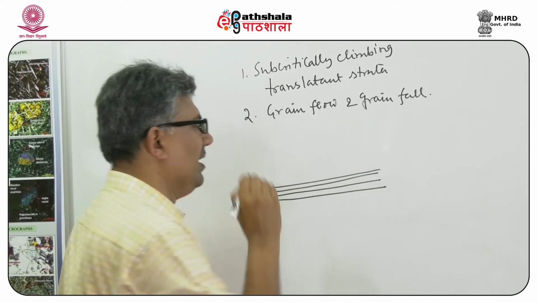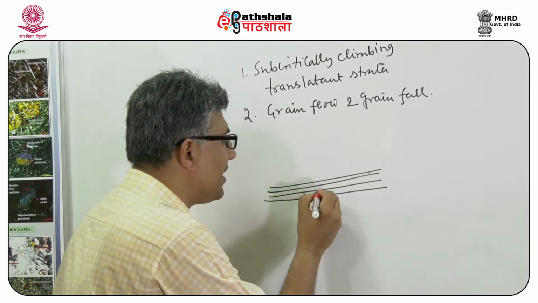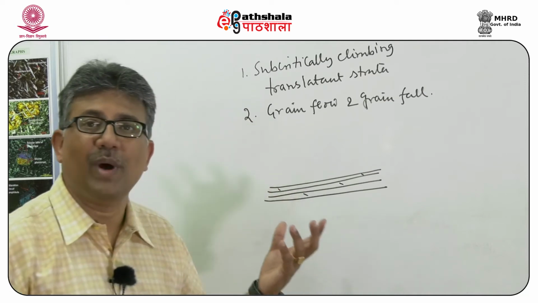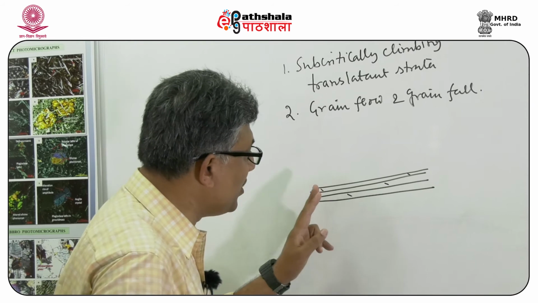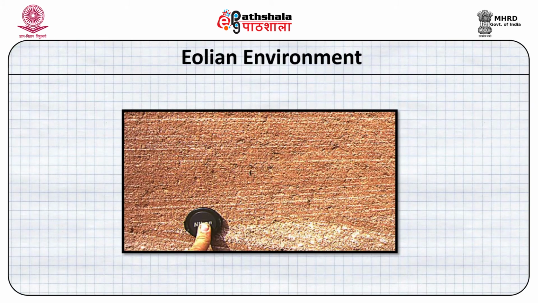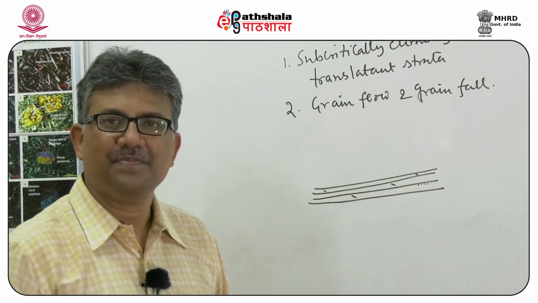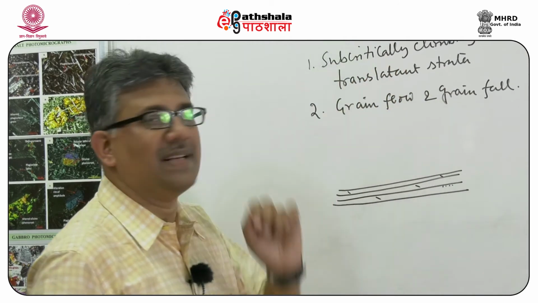Very rarely you will get some ripple laminations, but it is very difficult to identify unless your eye is very set in the system, and it will show very small cross stratification of ripple lamination. Sometimes you will get the concentration of relatively coarser grains at the top of this strata. This is a typical product of the subcritically climbing translatant strata.